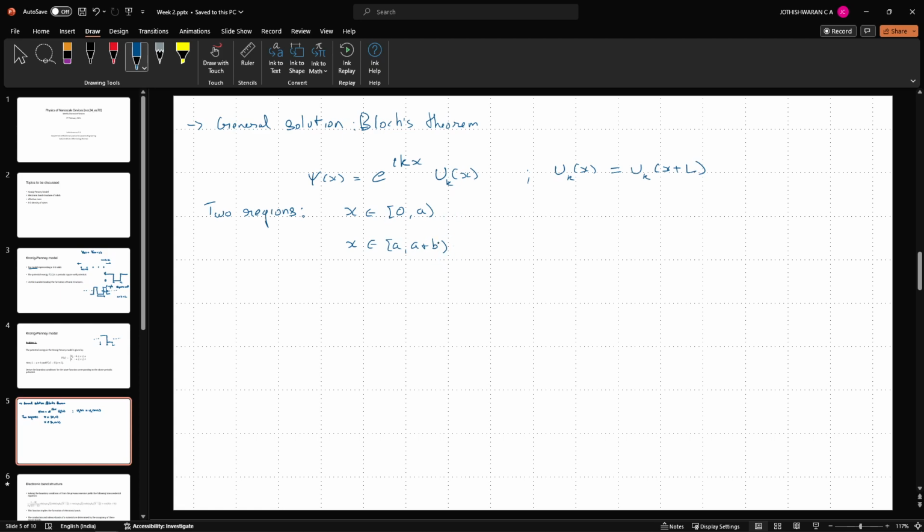Otherwise, it's just a formal usage here. Now in this region, I know V of x is V naught, and in this region, I know V of x is 0.